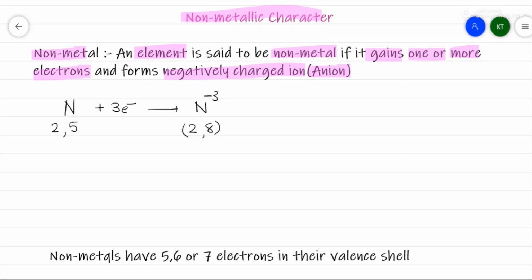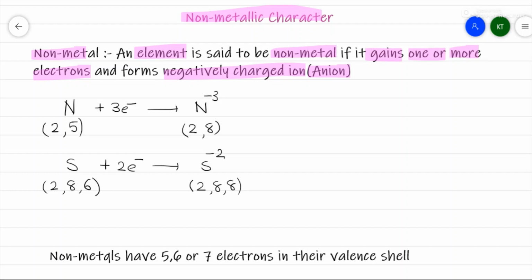Then second I am having sulfur, atomic number 16, electronic configuration 2, 8, 6. So in order to attain the octet in the valence shell, sulfur shows a tendency to gain 2 electrons and gets converted into S-2 ion and attains the electronic configuration of nearest noble gas, that's argon.